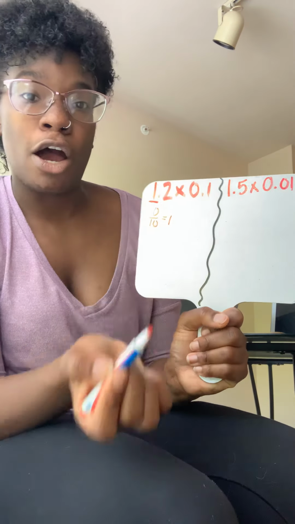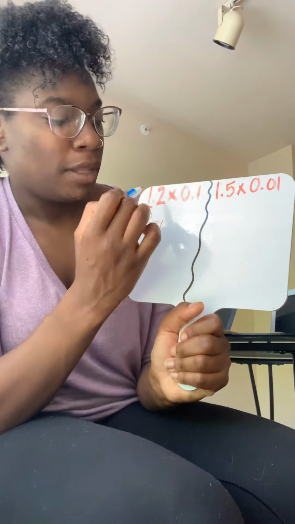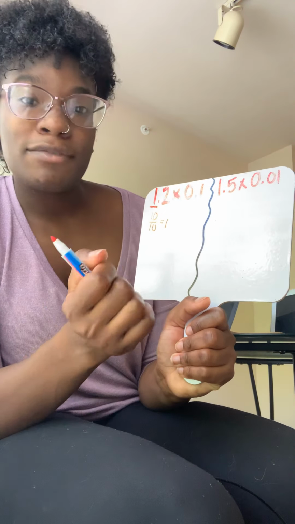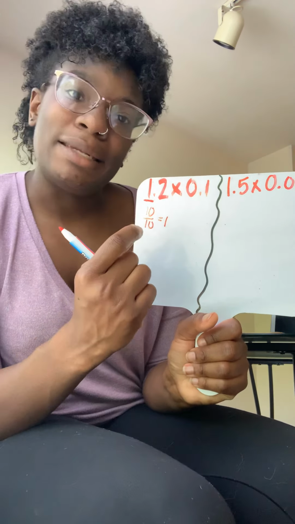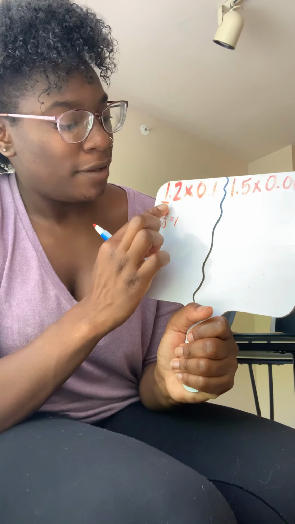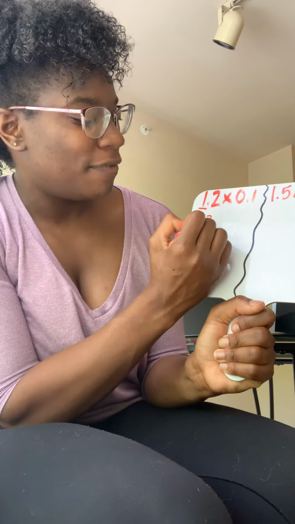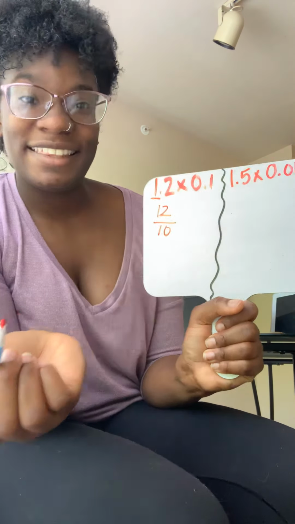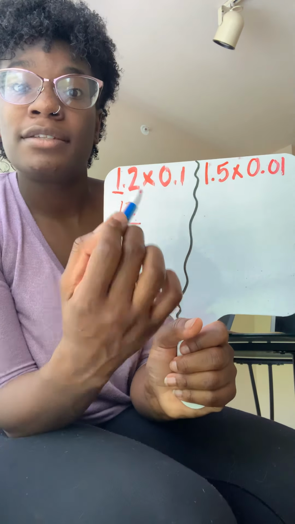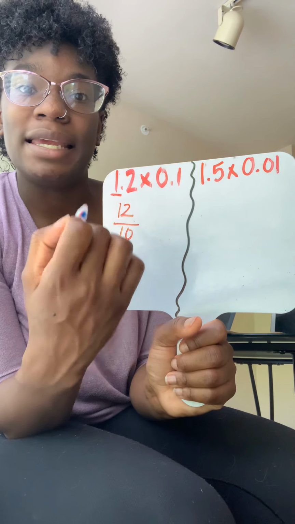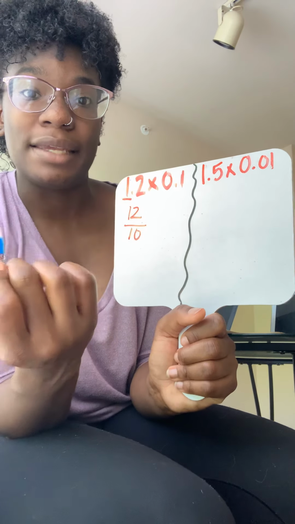This is where we've got our 1 whole from. And we've got 2/10 left over. So we know that 10 plus 2 is equal to 12. So we've now created 12/10. All right. So this is how we've gotten 12/10 from 1 and 2/10.